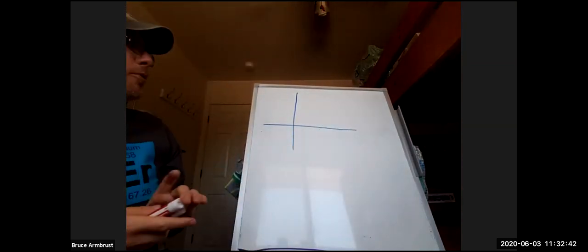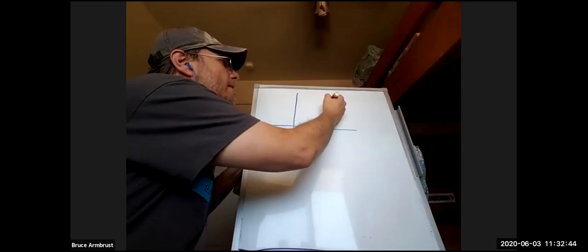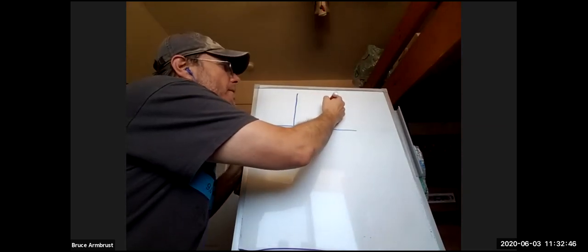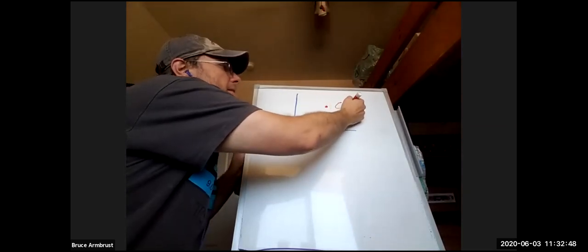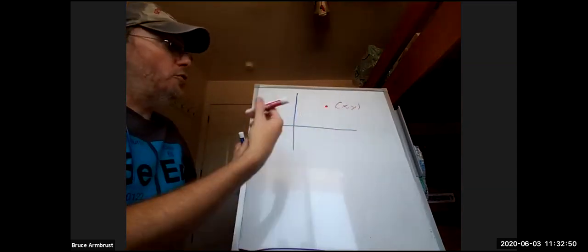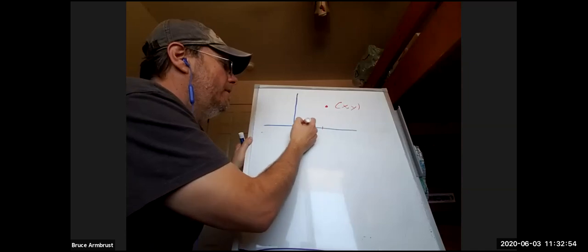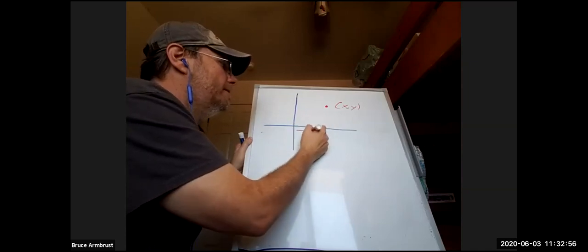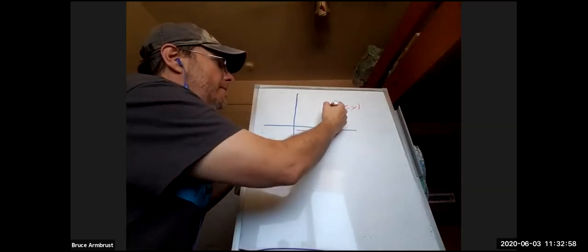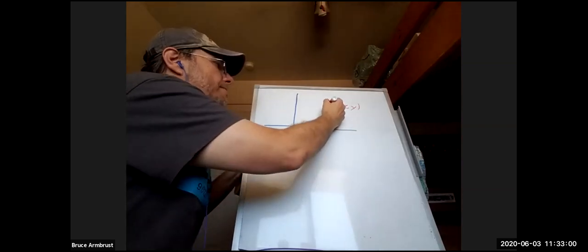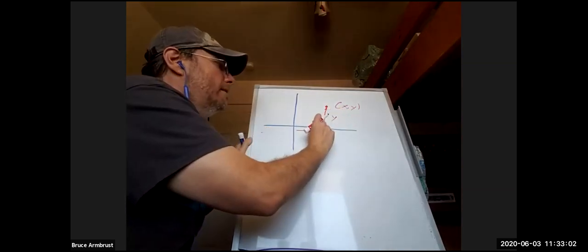But instead of labeling a point in terms of its x and y, like we could say this point, let's say it's right here, is x comma y. You know that in rectangular coordinates, that means we go over a distance of x, and then we go up a distance of y. And obviously if there are minuses, we're just going the other direction.